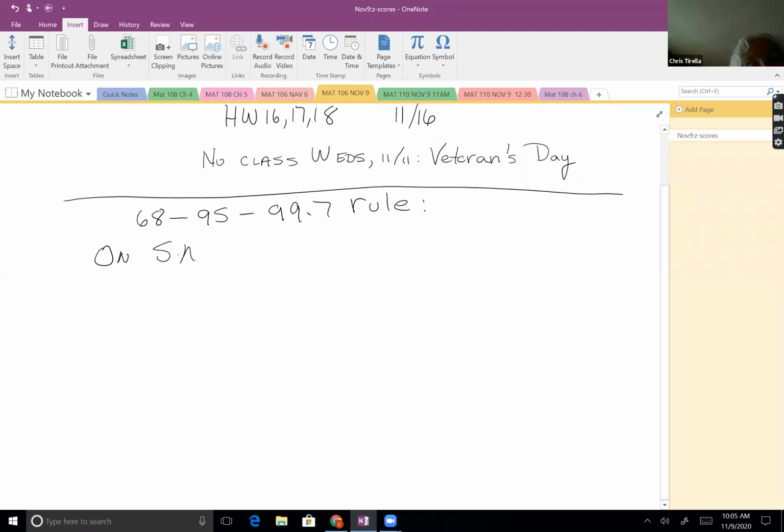The SAT exam, it's scaled every year so that its mean for any section, let's say for the math section, is 500 and the standard deviation is 100.